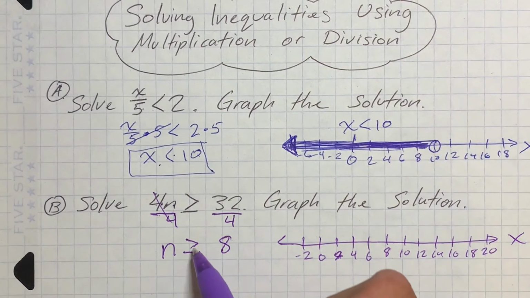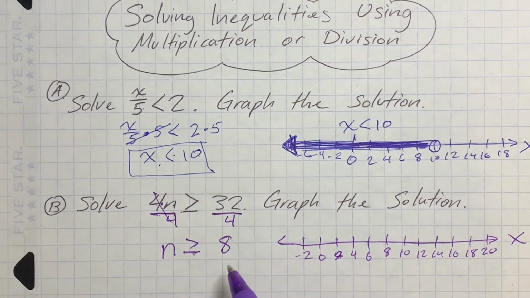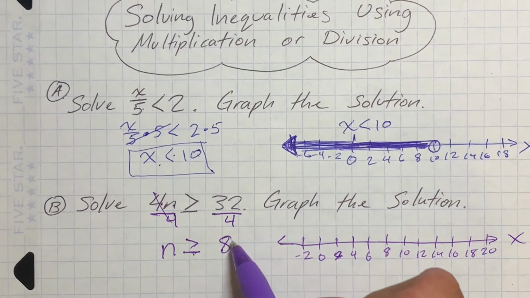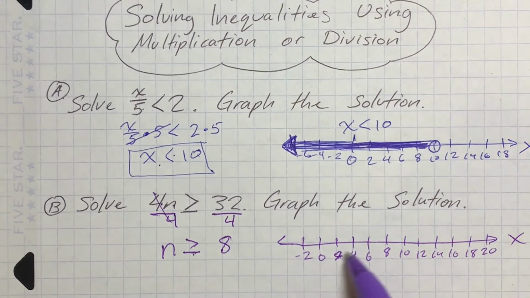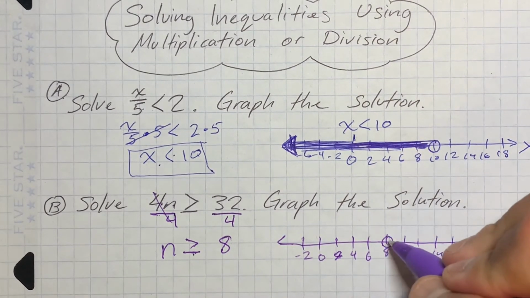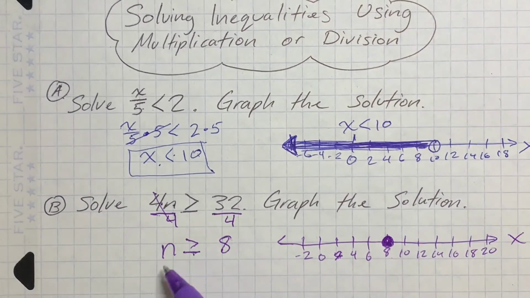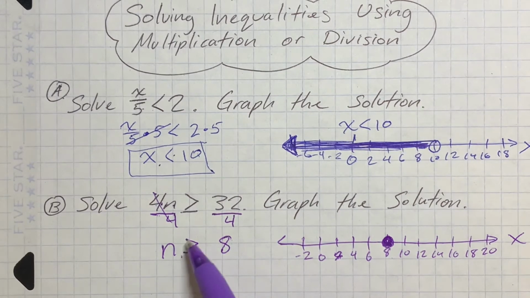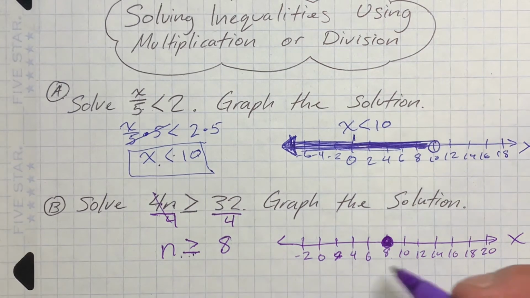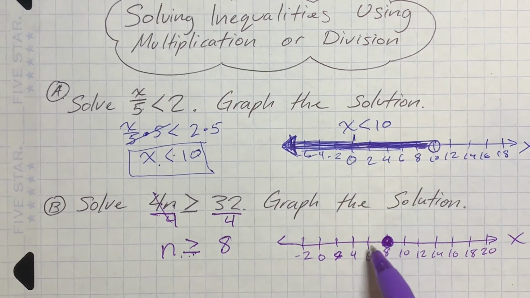Now again, because it's a greater than or equal symbol, it has to be a closed circle. So let's locate positive 8 on the number line. There it is. Here's a circle, and I'm going to color it in. Now remember that n is greater than or equal to 8.